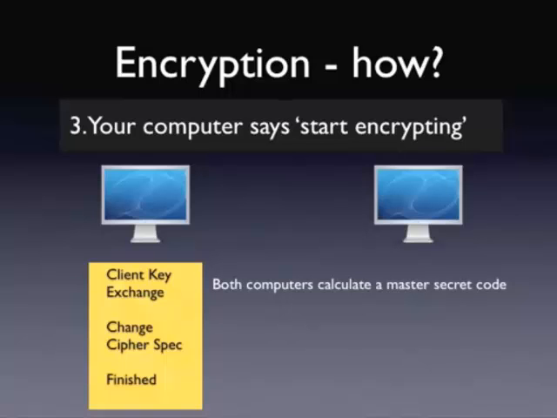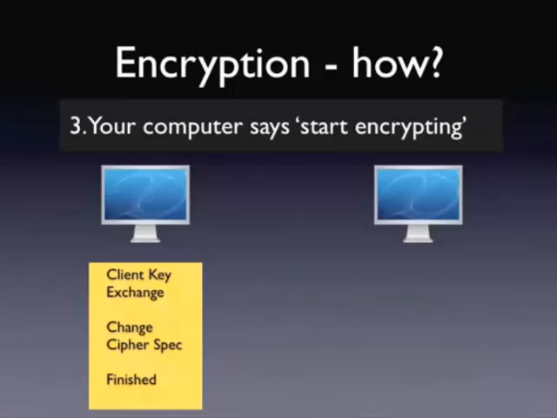Here then, our computers say, let's change cipher spec, the one previously agreed on in the hello messages. And then your computer says, right, I am finished. Let's start the next step. The server says, let's start encrypting. So it gives the cipher spec and says I am finished. Let's go now.